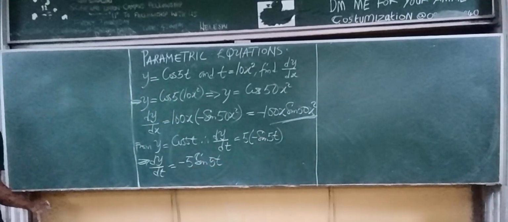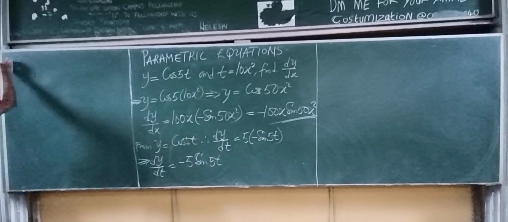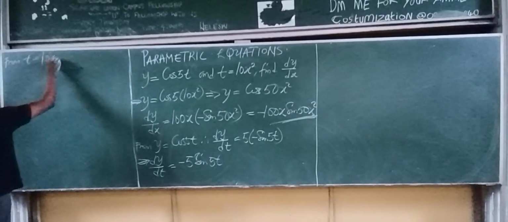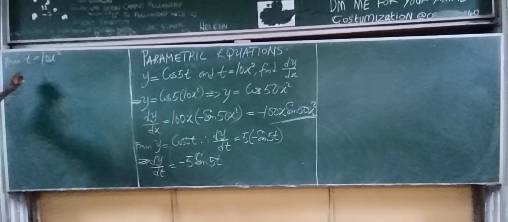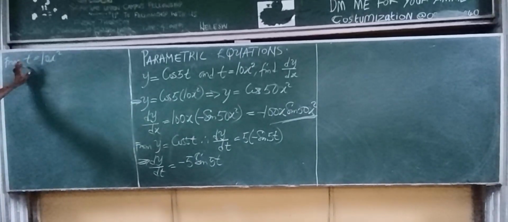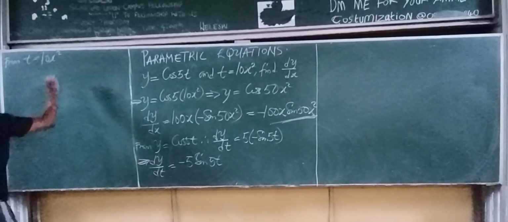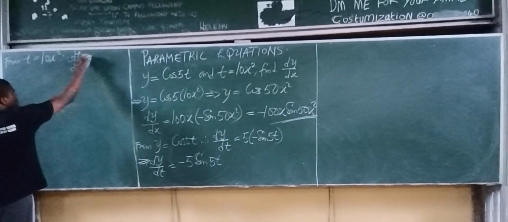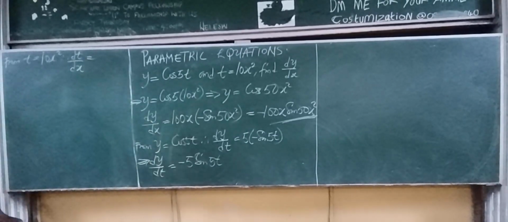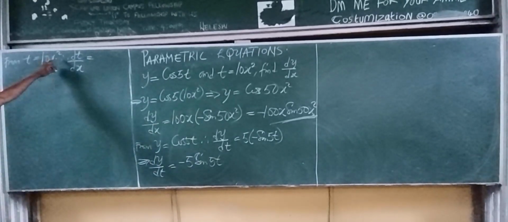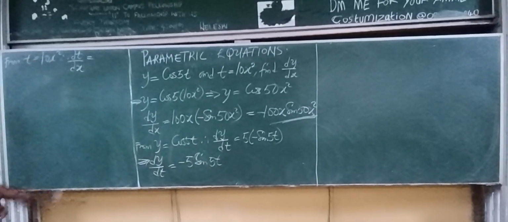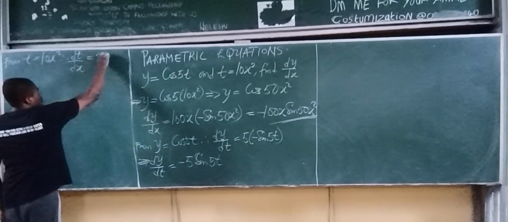Next, from t equals 10x squared, I can now differentiate t with respect to x because t is a direct function of x. Therefore, I can find dt/dx, and if I differentiate t with respect to x, simply use 2 to multiply by x, it becomes 2x, and 2x times 10 will give me 20x.